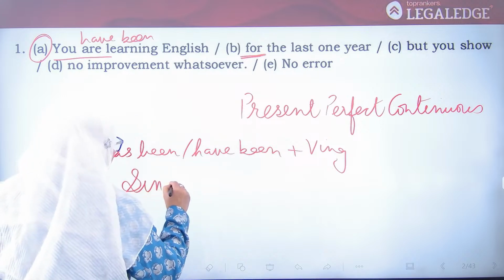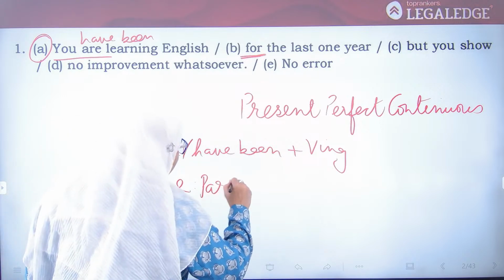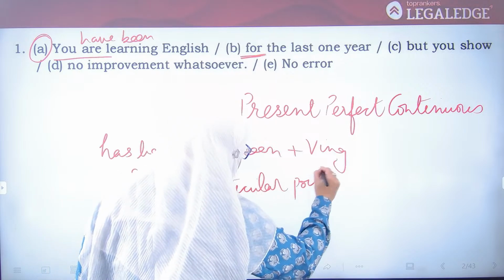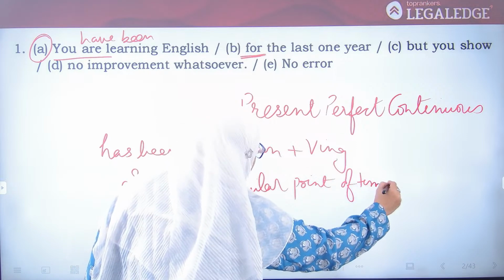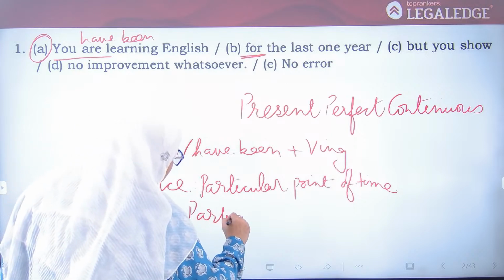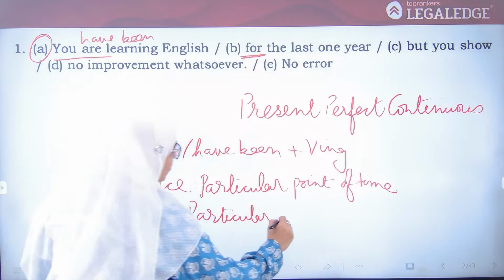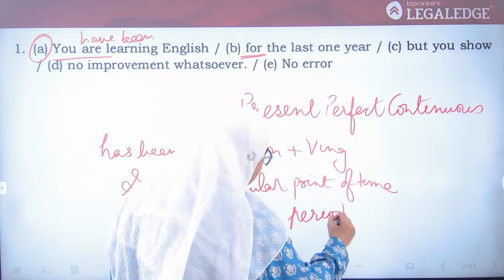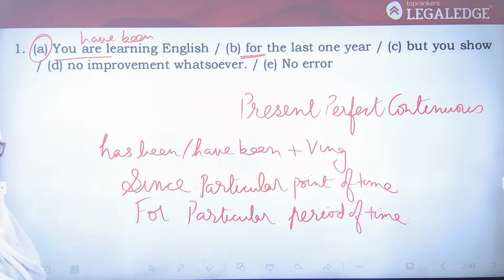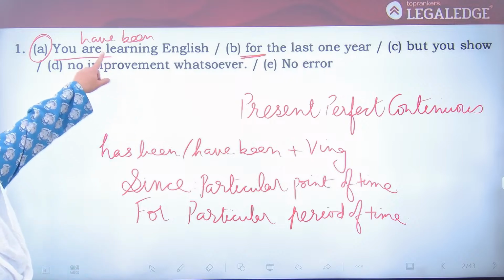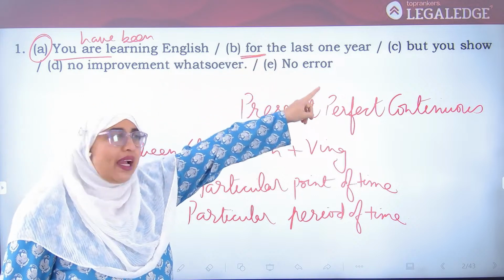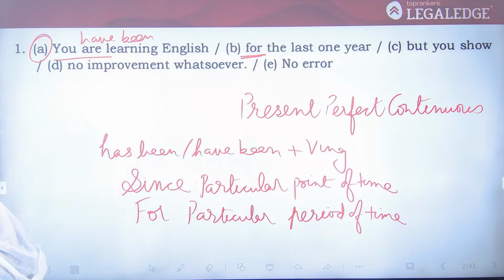Since is used for a particular point of time, and for is used for a particular period of time. Now once again, since "for" is given, for the last 1 year is a complete period of time. So we should use: you have been learning English for the last 1 year.